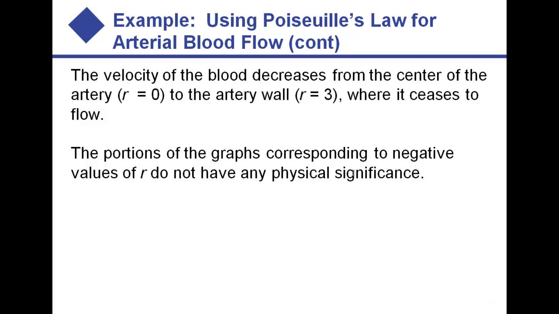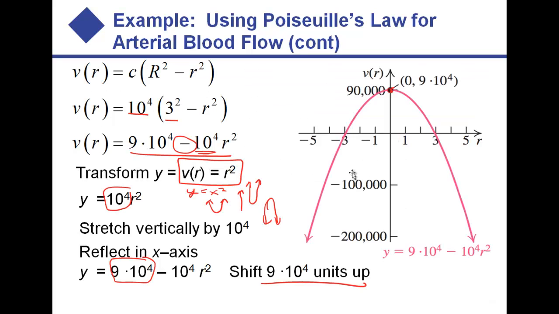Now, something to keep an eye on is that portions of the graph corresponding to negative values of r don't really make sense, because this is no longer just an equation, it's a function. It's supposed to model real world things, and it's a function in terms of r being distance from the center of this artery.